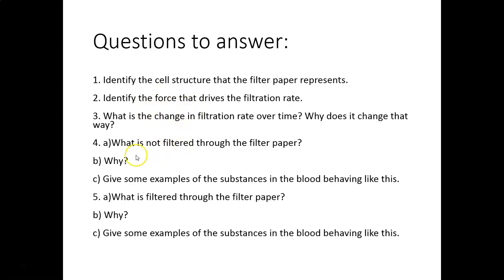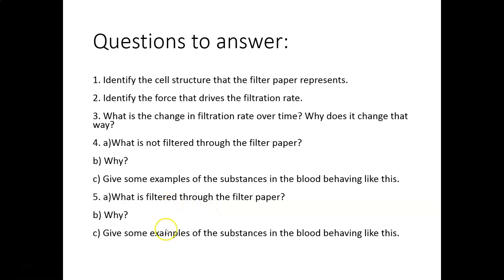Then the 3-part question you try to answer. We went through that already, but I want you to give examples of the substances in the blood that behave like either the thing that does not pass through the filter in your experiment, or what is filtered through. In your experiment that would be coffee.